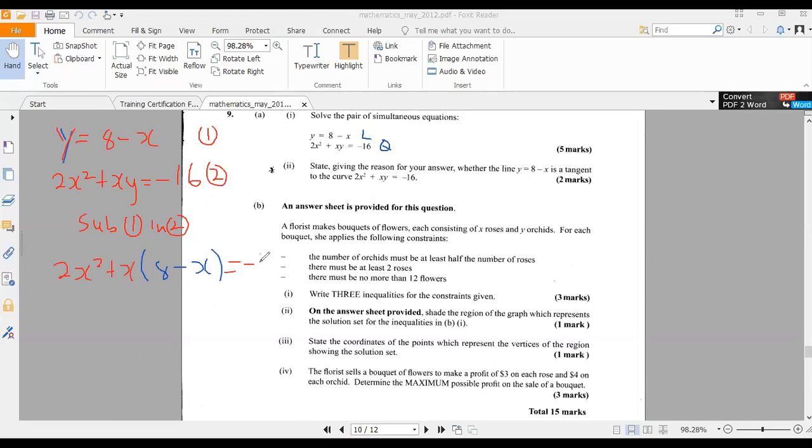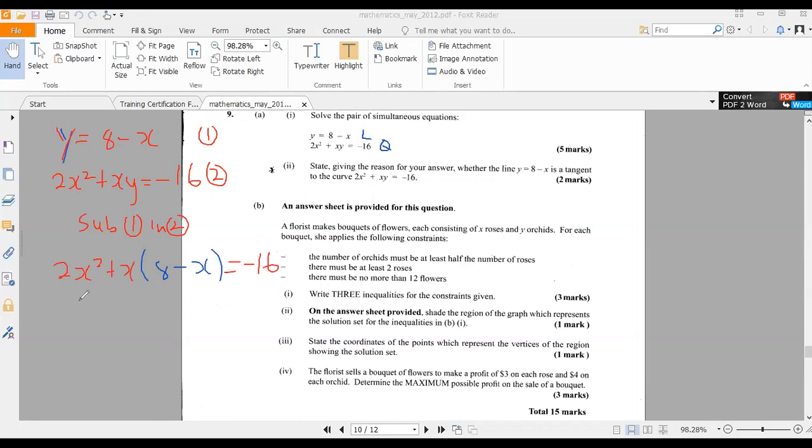So bear in mind what I did here is that I substituted the first equation inside the second equation, because I have to use the method of substitution. Wherever I have y, I take the y out and replace it by 8 minus x. Then I'm going to expand the bracket.